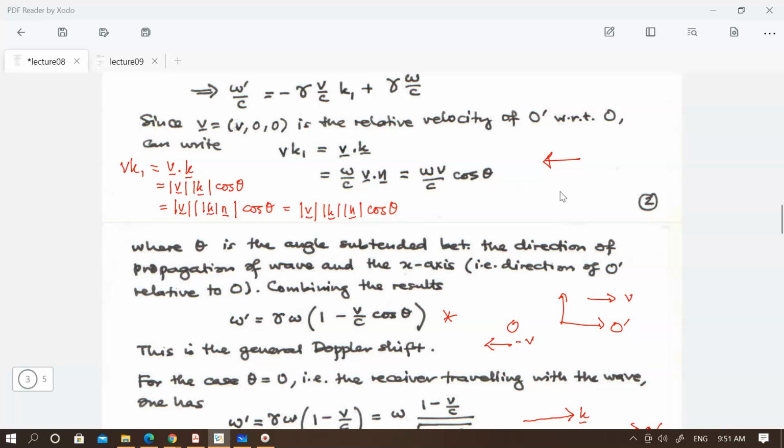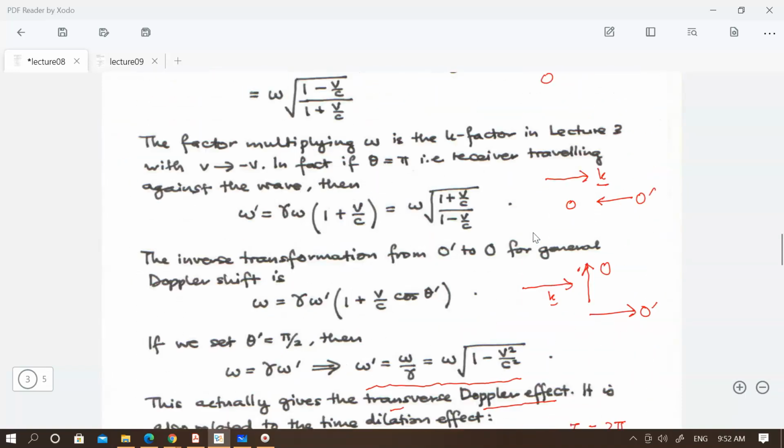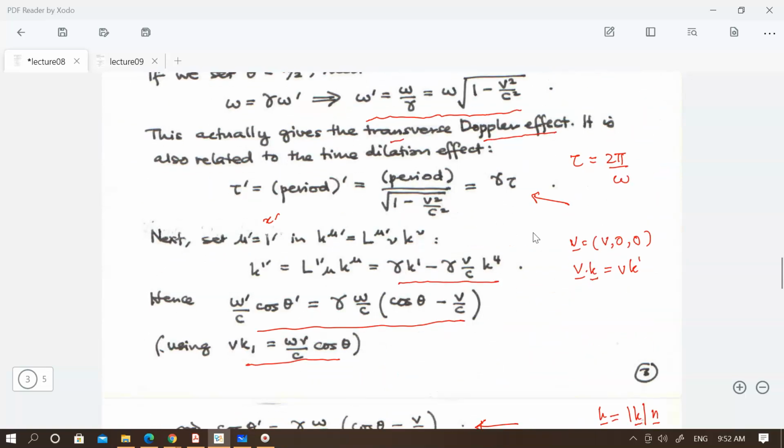And then remember that your k, the magnitude, is equal to omega over c, so that gives you omega v over c cos theta. This is equal to 1. So using this, vk1 equals to that, it's just a simple substitution, which I got confused a little bit just now.